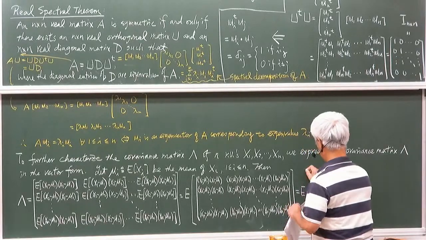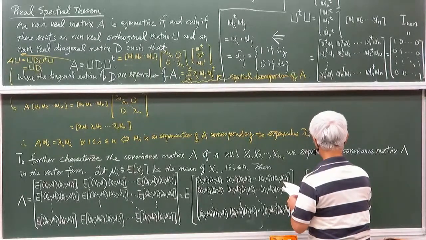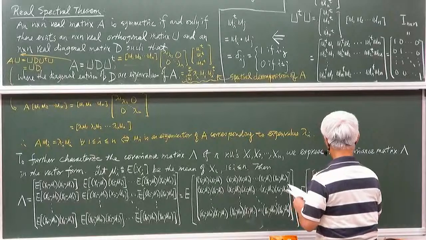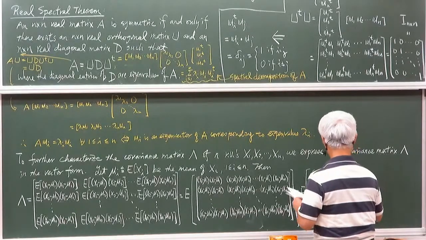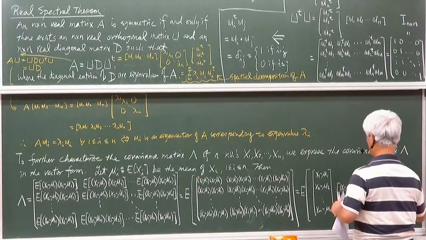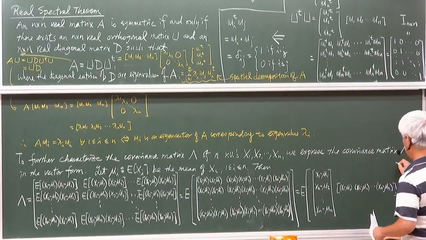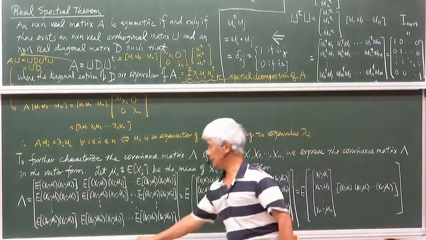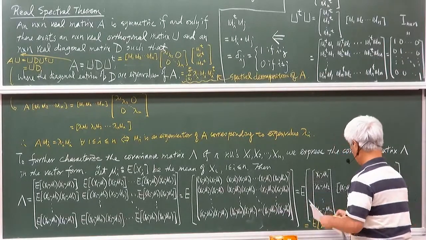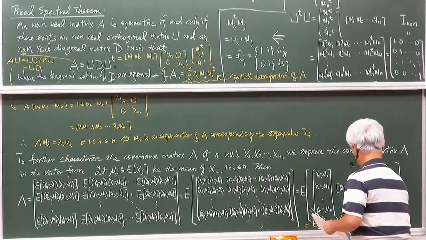And we see that this matrix is actually the product of a column vector of random variables and its transpose. So this will be called the expectation of x minus mu times x minus mu transpose.